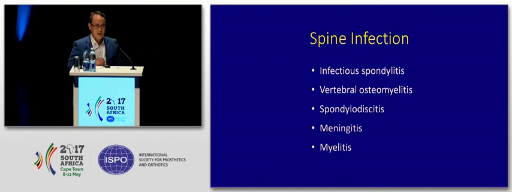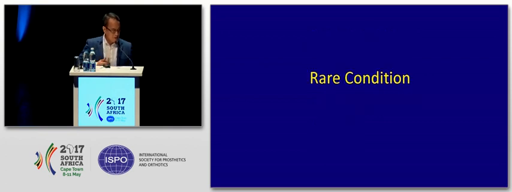And it can be called by different names. It can be called infectious spondylitis, vertebral osteomyelitis, spondylodiscitis, meningitis, and myelitis. Very often, these terms are used interchangeably and loosely, but as you'll find in this book, they are specific entities for which you have to use these terminologies.